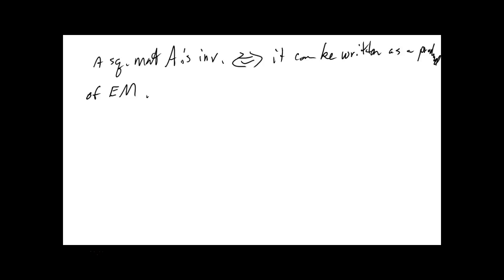Here we have another. A square matrix is invertible if and only if it can be written as a product of elementary matrices. It doesn't say how many, but it will be a finite product. Now, they do a little bit with the proof. I don't think we're going to have time to do that. I would say read through that.